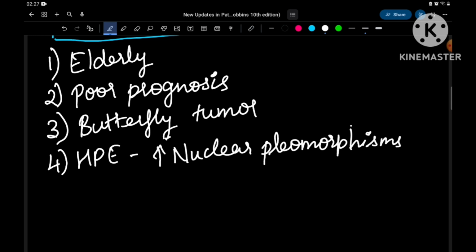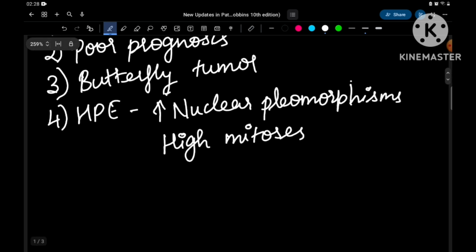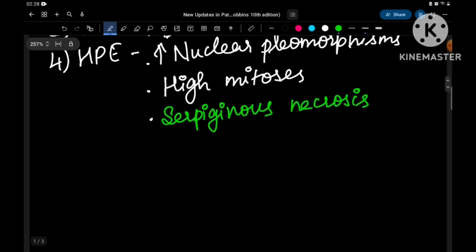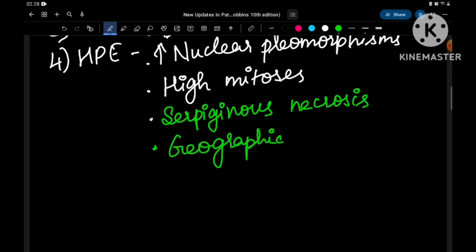And next, it has high mitosis, which you might see in every malignant tumor, right? And it shows something significant called serpiginous necrosis, or geographic necrosis, and pseudo-palisading cells.